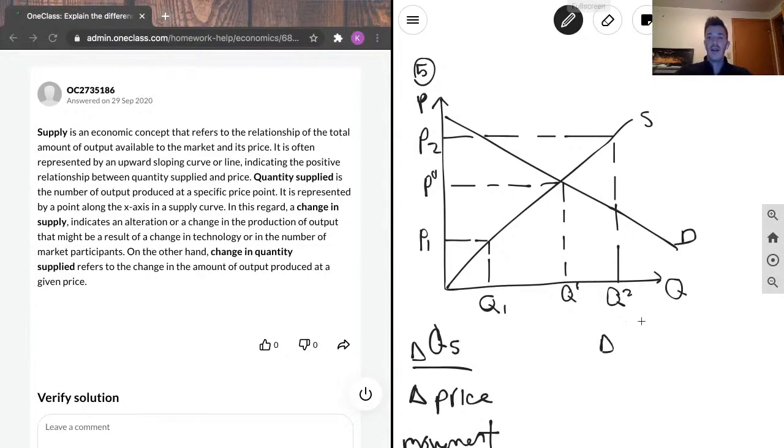Change in supply, on the other hand, can come from a number of factors, like a whole number of factors. You can list 8 to 10, probably more. Some of them are a change in technology.